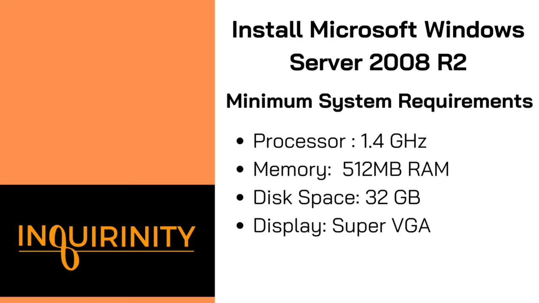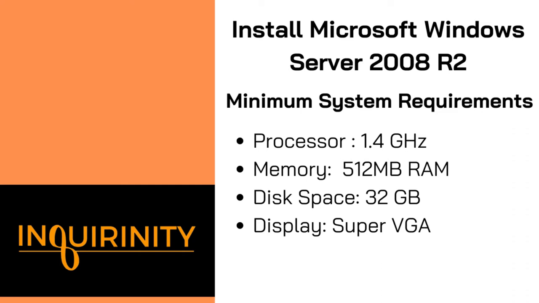For the Windows Server 2008 R2 system requirements, it requires an x64 processor with a minimum of 1.4 GHz. For the memory, it requires 512 megabytes of random access memory.